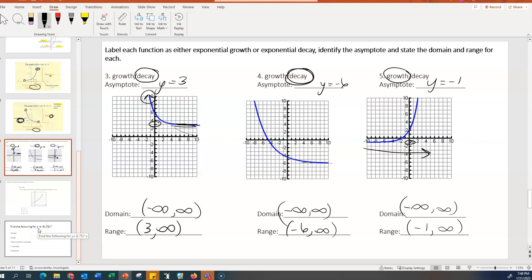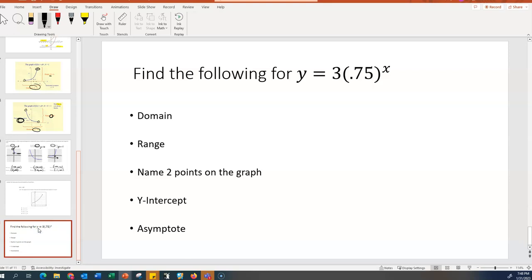Now, what if they do not give you a graph? You can always use your graphing calculator to graph. However, we can determine these answers from just the equation. So my b value, b here, is 0.75. 0.75 is not greater than 1.